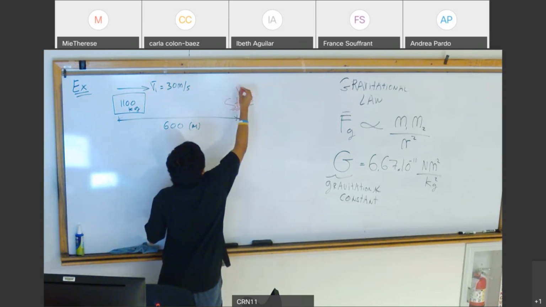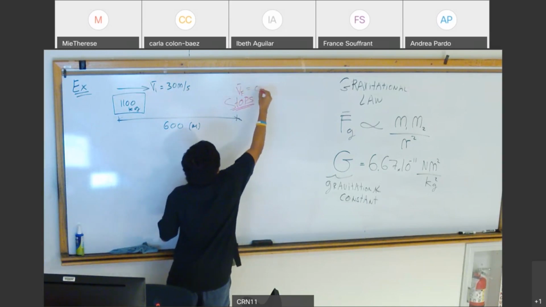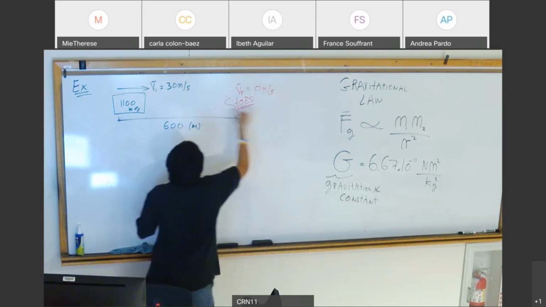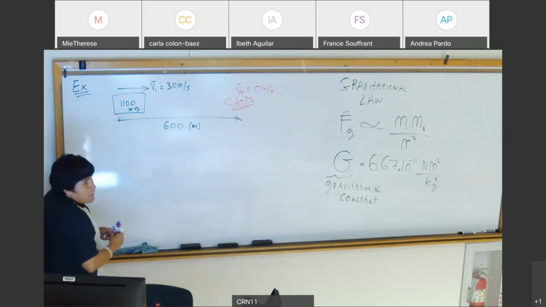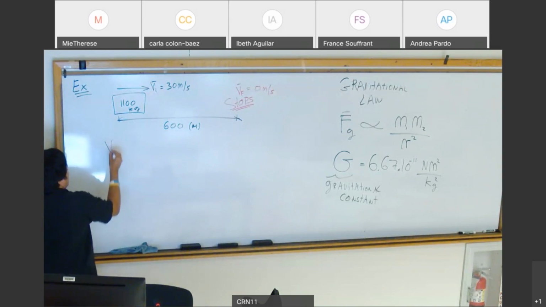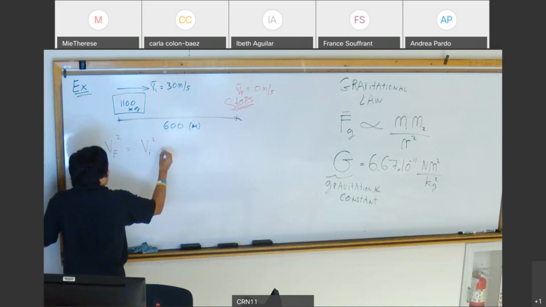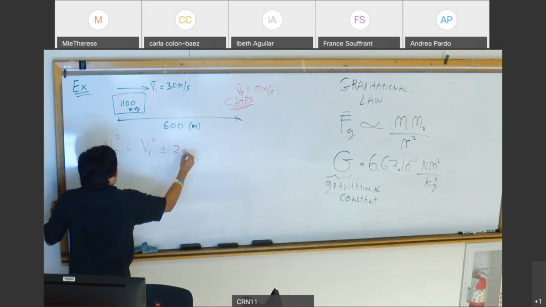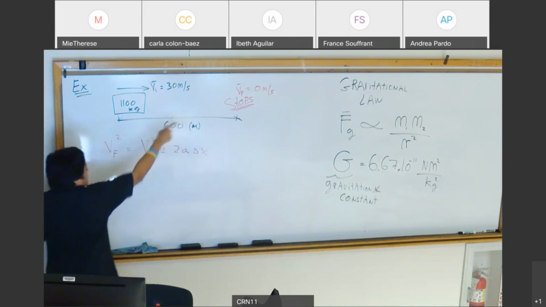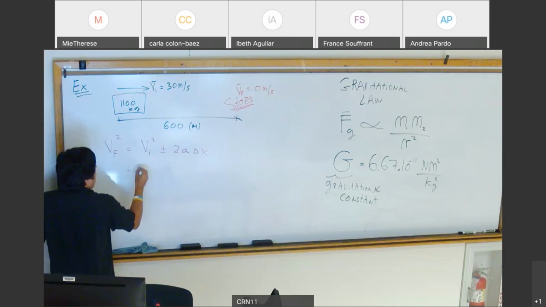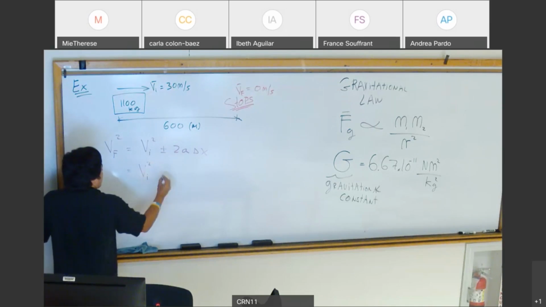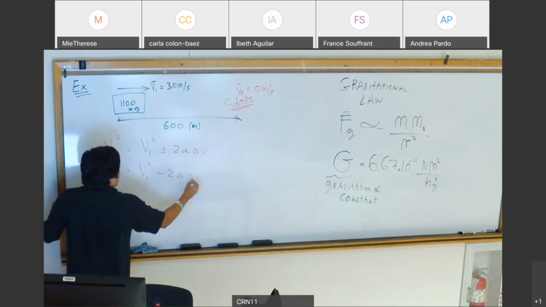So the final velocity, how do you get the acceleration for that particular problem? Remember this equation: V final squared equals V initial squared plus or minus 2a delta x. But because it's slowing down, it will be V initial squared minus 2a delta x.